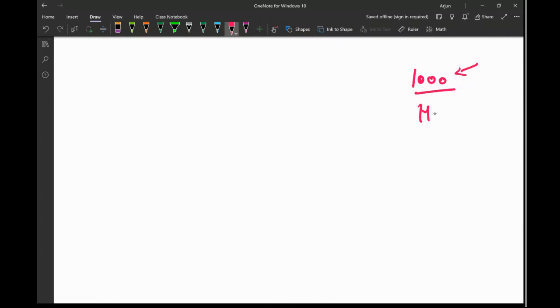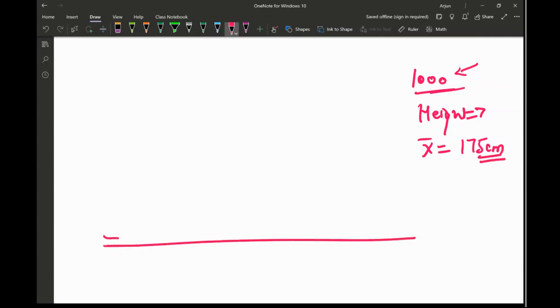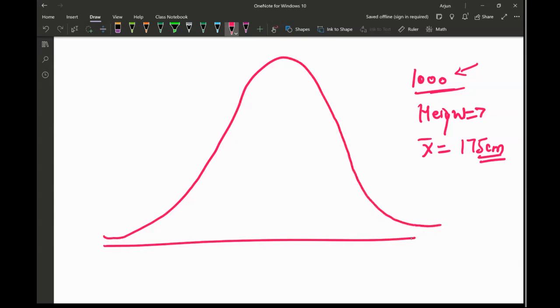They gave me a random response, whatever their height was. Then I collected the data, and from there I calculated that the average height of my sample, which was 1,000 data points, was 175 centimeters. This is an assumption I'm taking. So now I'm going to try and put it under the bell-shaped curve.